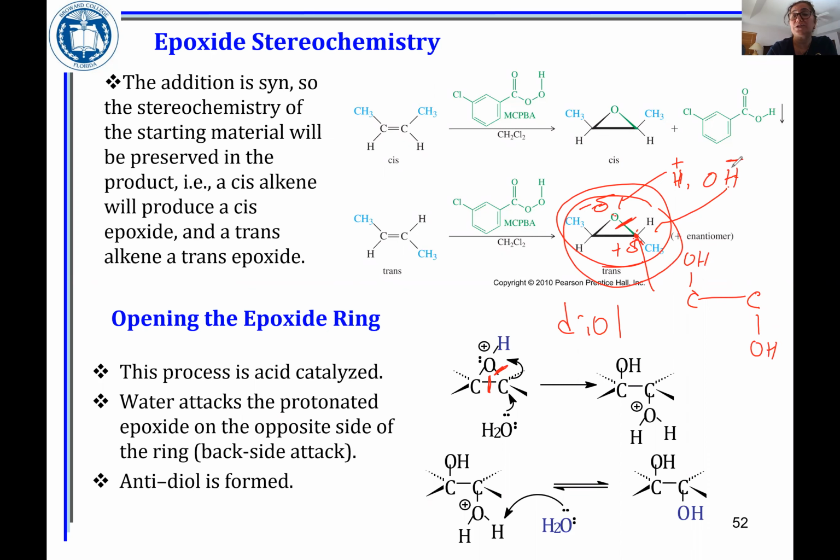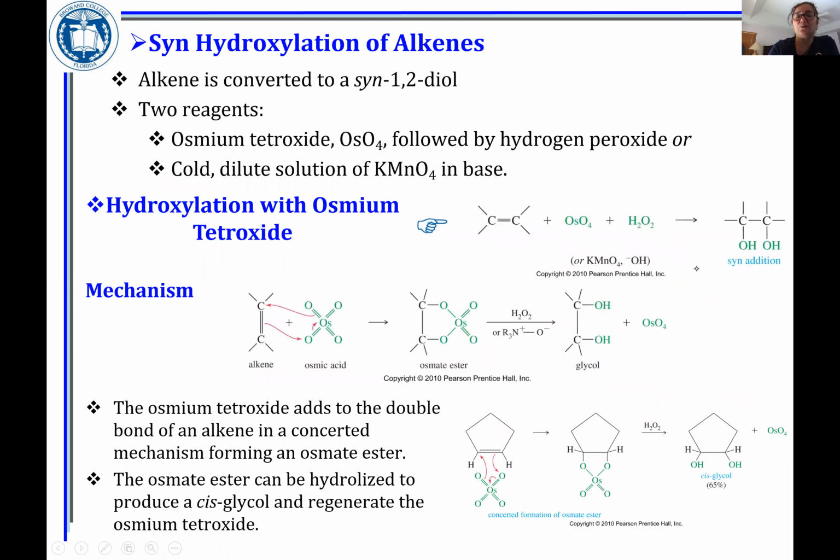So basically, you would get the OH and you would get the OR, which means you have an ether and an OH group in the same molecule. So opening of the ring, or hydrolysis, means adding water. Okay.